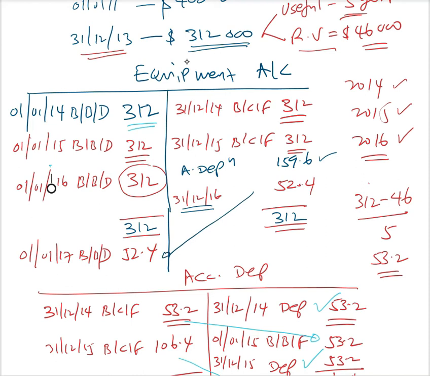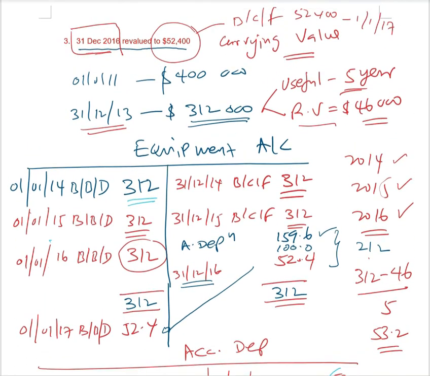So that's the difference. So 159.6 plus 52.4 will be 212. So what is the difference? There's a difference of 100,000.